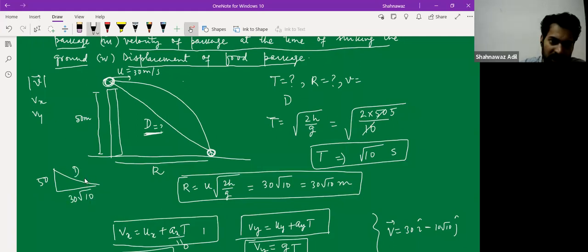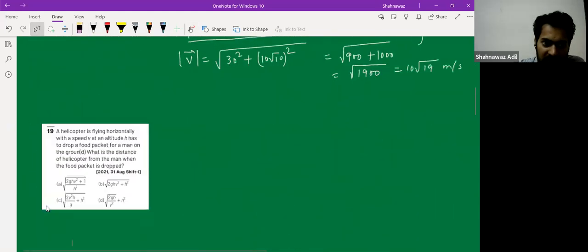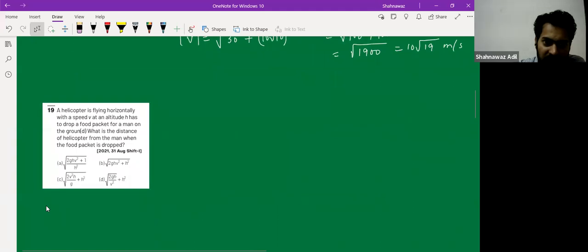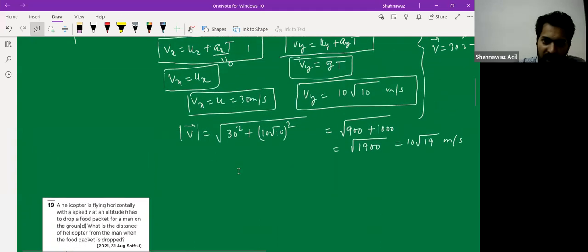So D will be what? 50 square plus 30 root 10 square.